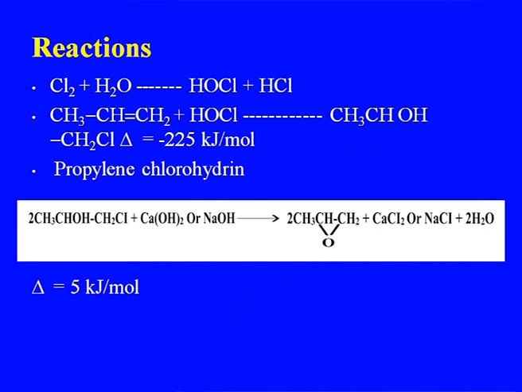This is the reaction taking place in the chlorohydrin process. Again, here is the same problem of generation of calcium chloride or NaCl, and the involvement of HCl. With chlorine and HCl there is a highly corrosive atmosphere, and because of that this process has now been replaced with the propylene oxidation route.